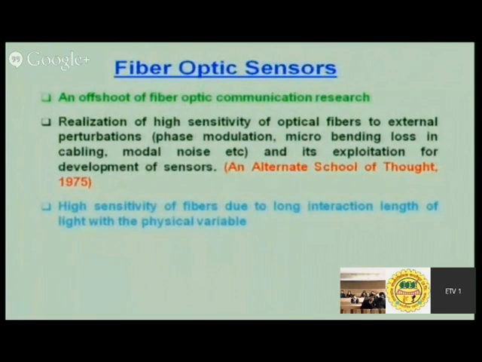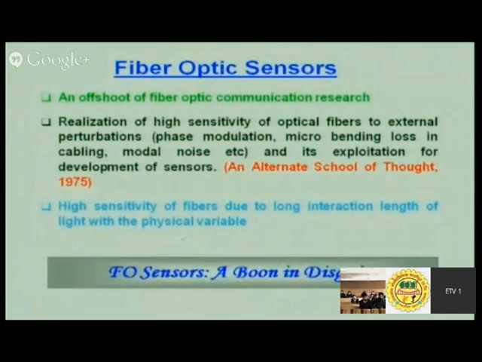So sensors are the alternate school of thought for optical fiber communication. As a result, we have high sensitivity fiber, what we call a boon in disguise. Sensors are another area which has come out of the research in optical fiber communication, and today fiber optic sensors play a very, very important role in smart structures.